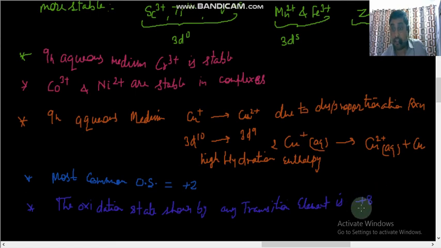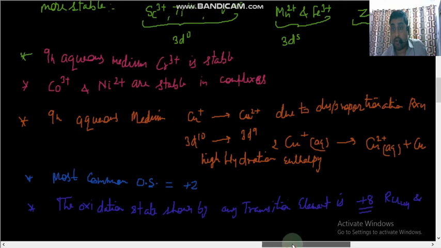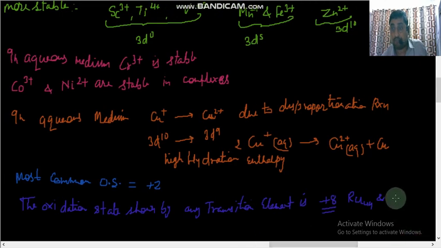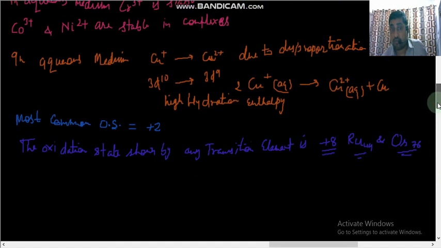The highest is +8, found by rhodium, atomic number 45, and osmium, atomic number 76. These two elements show the highest oxidation state, that is +8, in some of their complexes.